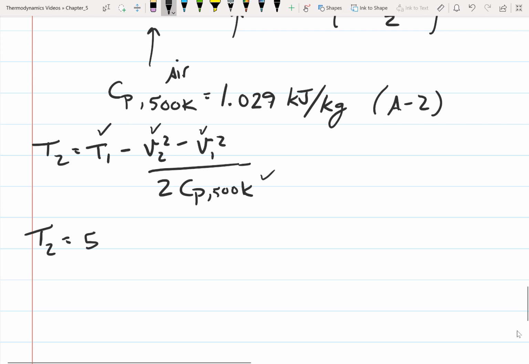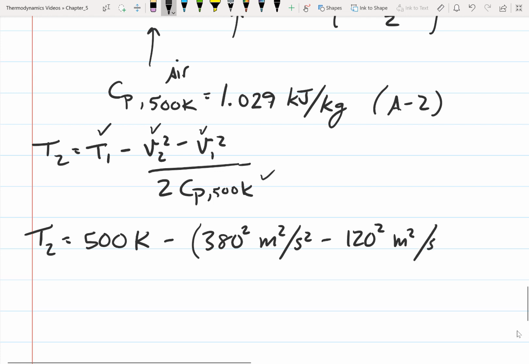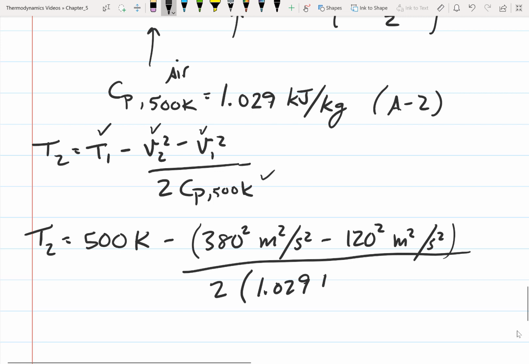So T2 is equal to 500 Kelvin minus 380 squared, don't forget the squared, meters squared per second squared, minus 120 squared, meters squared per second squared, divided by 2, multiplied by 1.029, the specific heat, kilojoules per kilogram Kelvin.